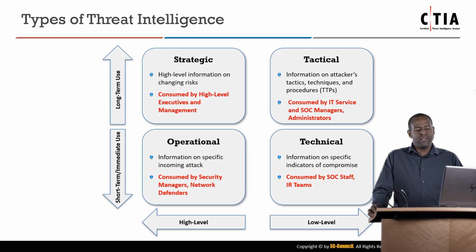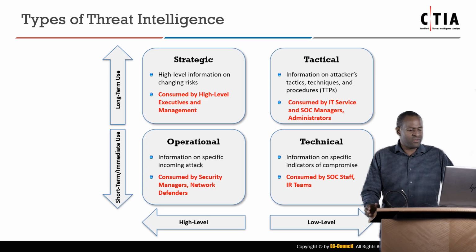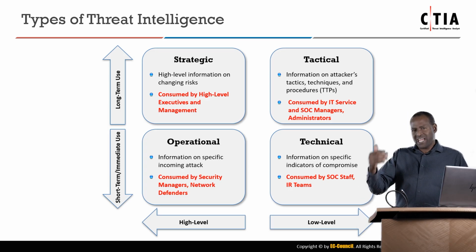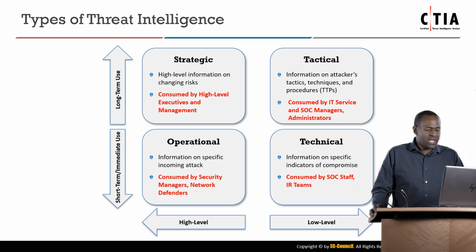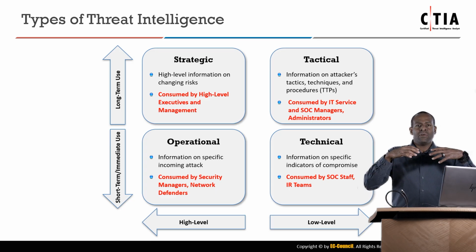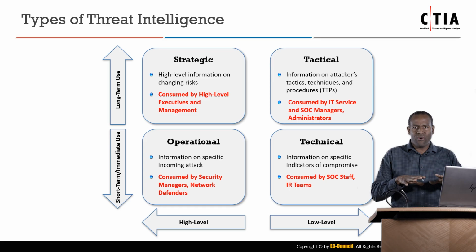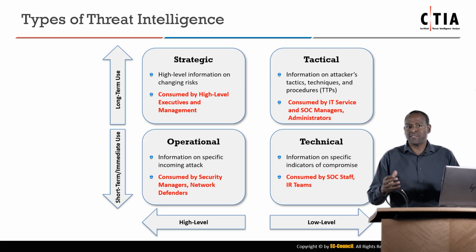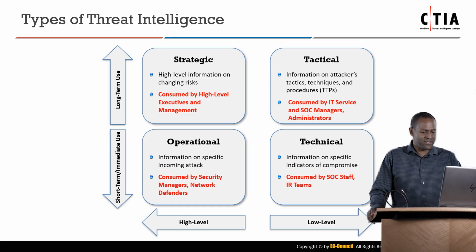All right, versus operational and technical. So operational, again, is like strategic. We're looking at what we do on a day-to-day basis for that organization. Operations, you might be familiar with operations. And so this is information on a specific incoming attack.